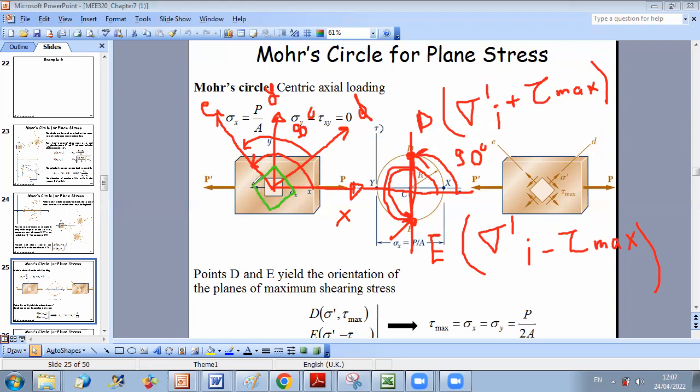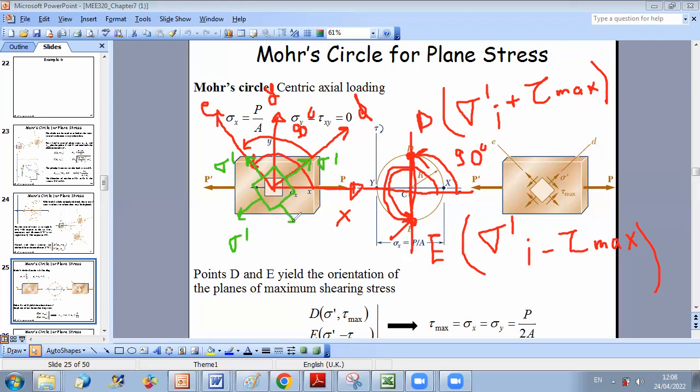And if you want to represent the state of stress, you have sigma prime along D equal to sigma prime along E. You have a tension stress at these faces. And the value of sigma prime is P over 2A.